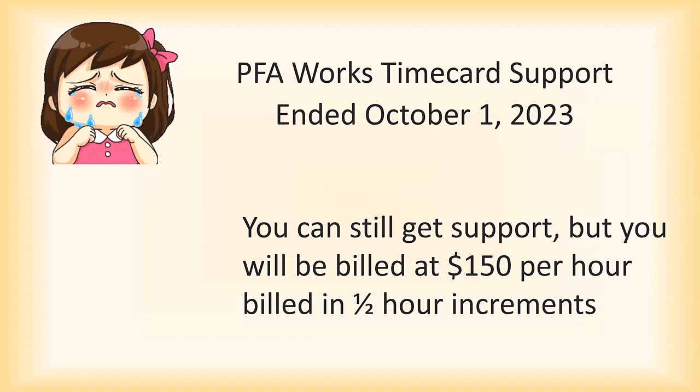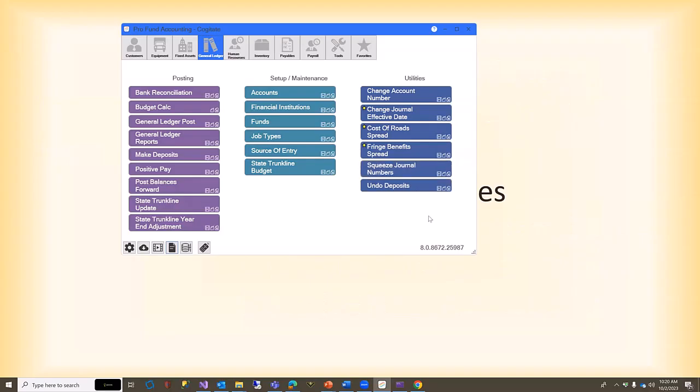So the next topic we're going to cover, let me get rid of the crying face here, is getting ready for your W-2s. A lot of places at the end of the year say, oh, my W-2s are not coming out right. I want to let you know that you can calculate and run your W-2s at any time.